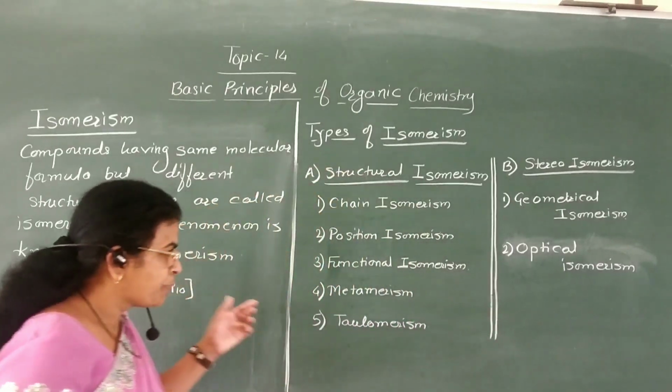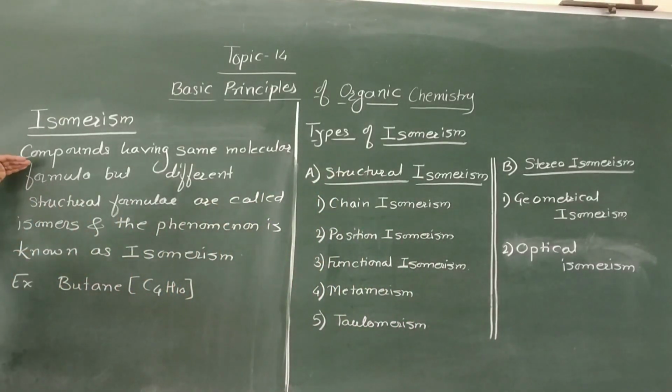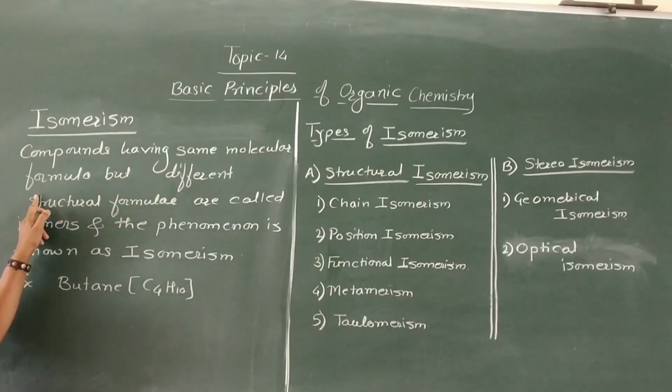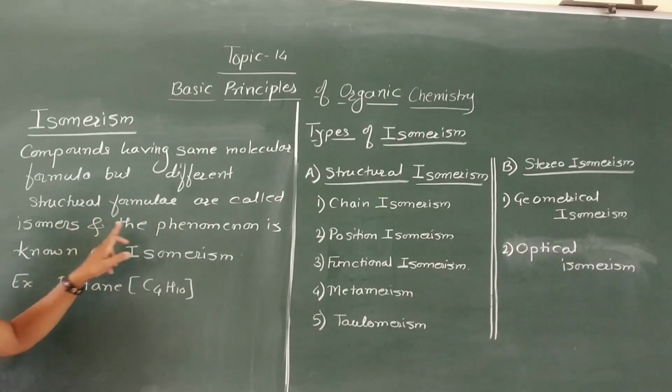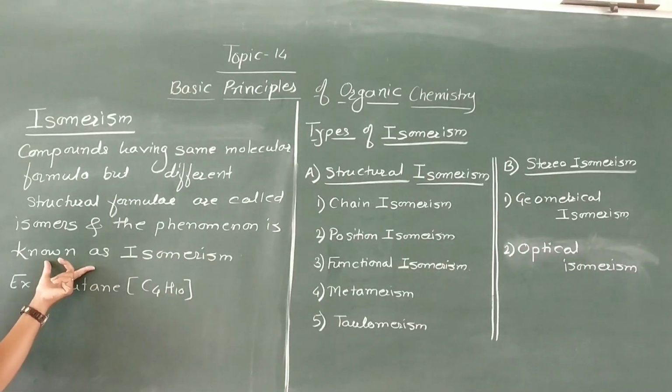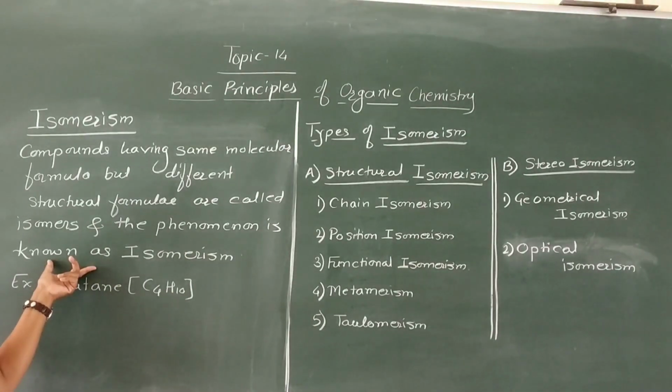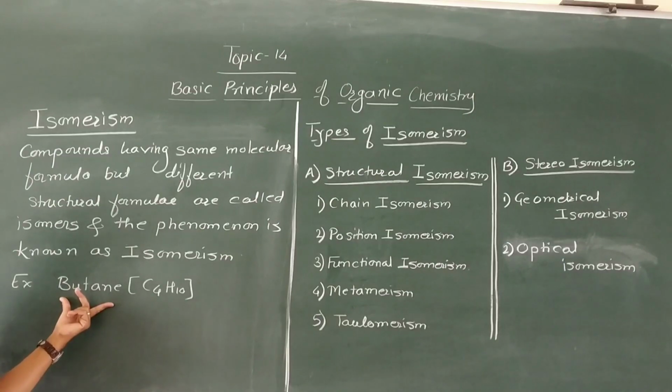Now here, the definition of isomerism is compounds having the same molecular formula but different structural formulae are called isomers, and the phenomenon is known as isomerism. Now we can understand this term by using one example of butane.